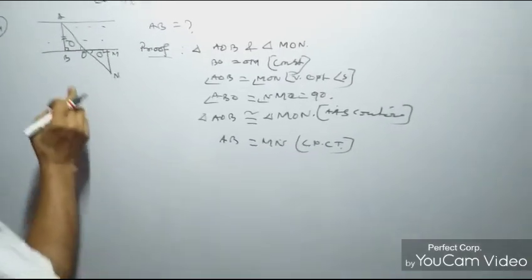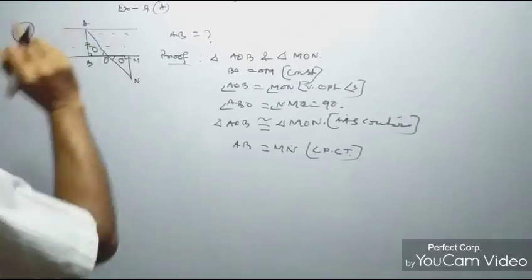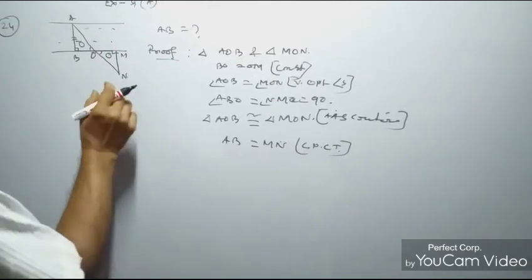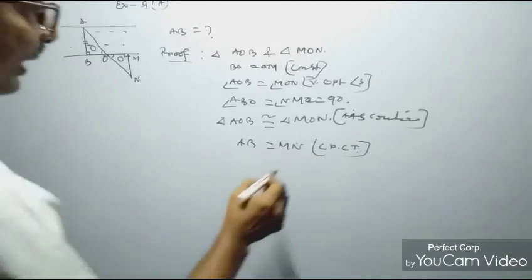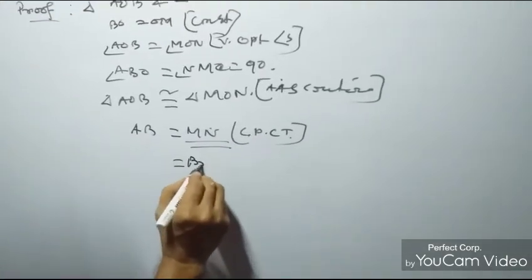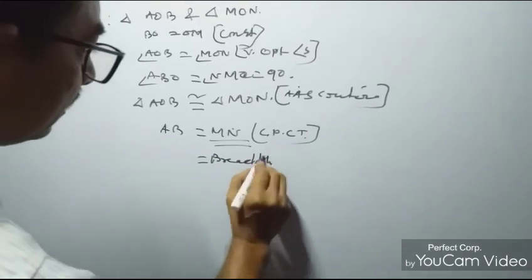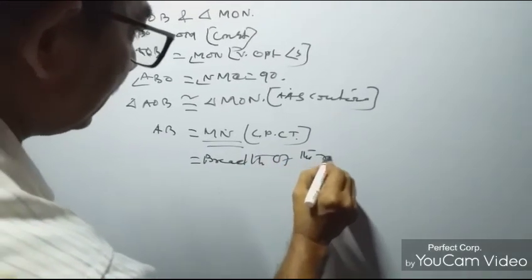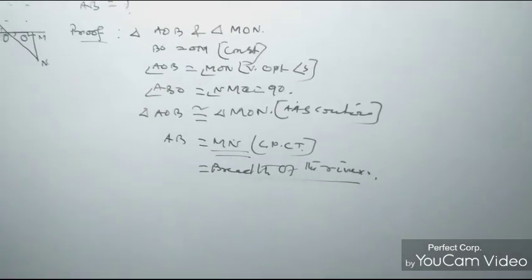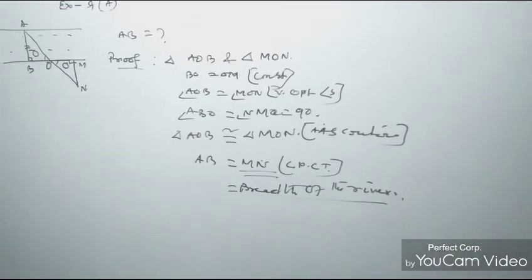It is not required to go to the other side and measure. You can measure MN and you will get the width of the river. And this is the width or the breadth of the river. This measurement of MN will give you your required answer.